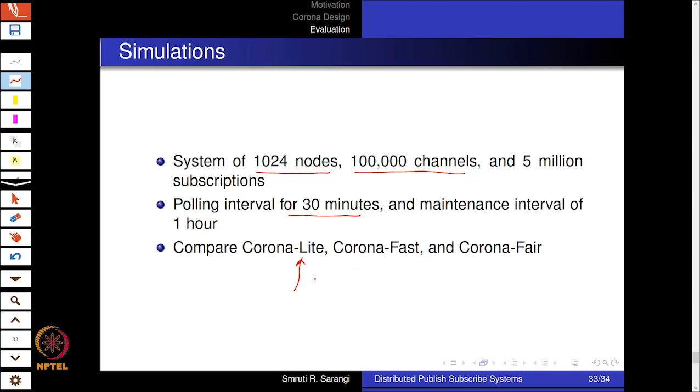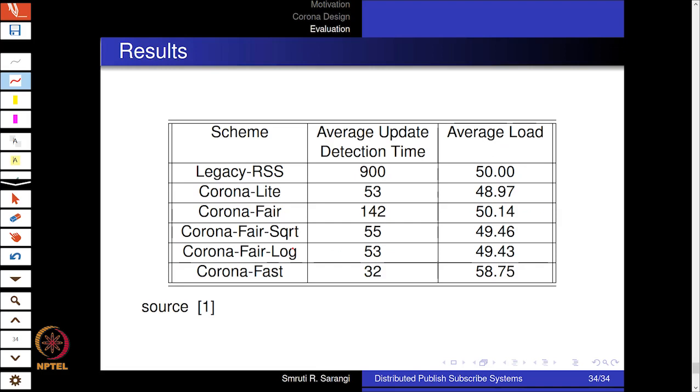Corona Light, Corona Fast, and Corona Fair. For the legacy RSS based system, which we are comparing against, the average update detection time, measured in seconds, was 900 seconds.